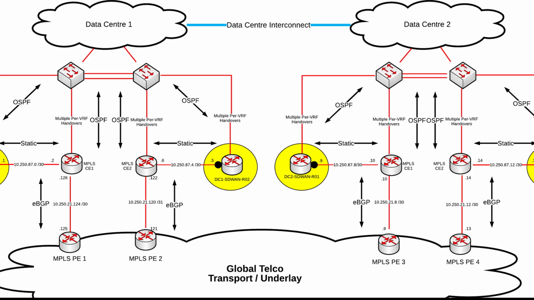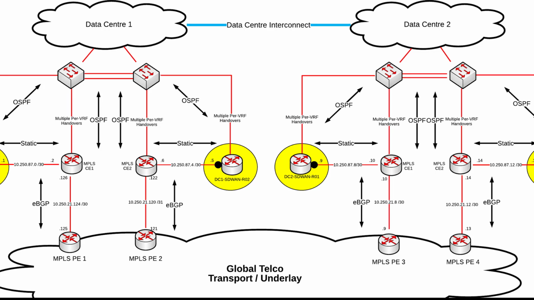You can also see in the picture that we have some IP addressing, so this also almost hits two birds with one stone, which shows us a high-level routing protocol representation, but also IP addressing. So if you look at the diagram where you have MPLS CE2 and MPLS PE2, you can see the service provider to customer subnet is 10.250.21.120/31, and then we have, or it might be /30, that's a bad example.